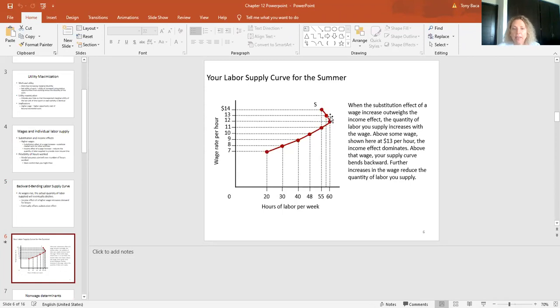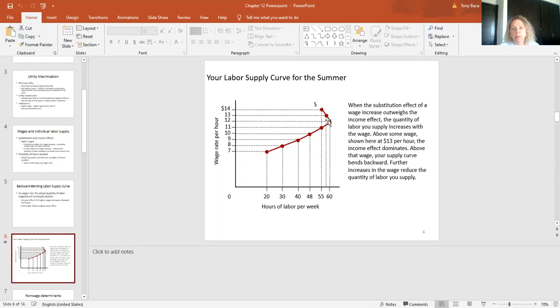But they decide that for every dollar above and beyond 12, they're actually going to start decreasing the number of hours, because they can afford to, because they're getting a higher wage per hour, right? So they can actually work less hours and not lose as much income.